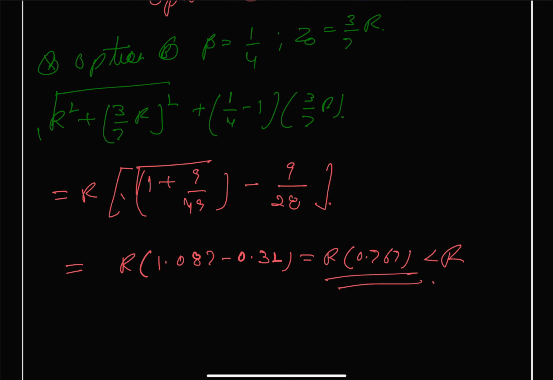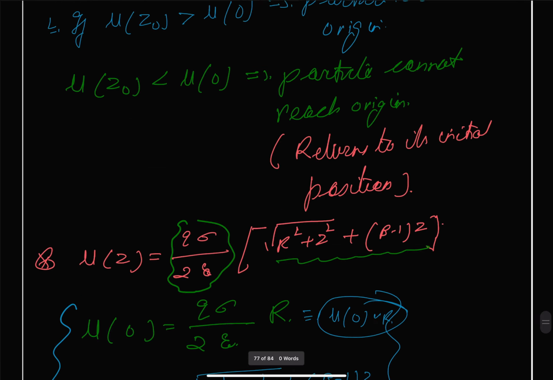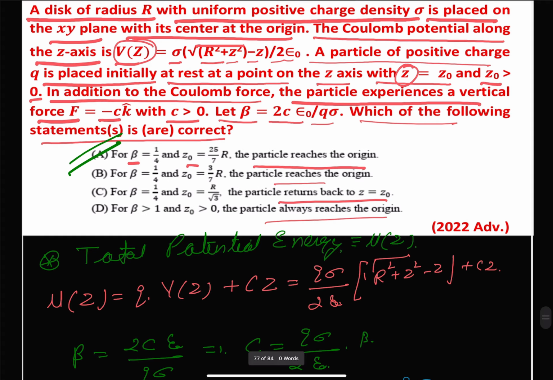So from here we can say our u of z naught is less than u of naught. So therefore it never reaches origin, and option B says the particle reaches origin, which is not possible. Option B is incorrect.